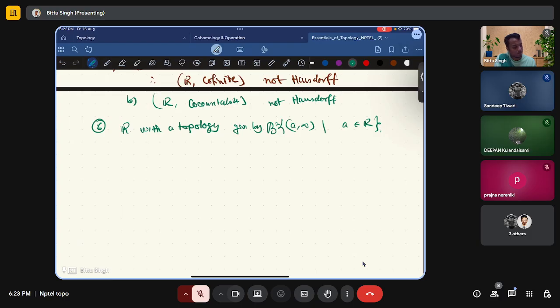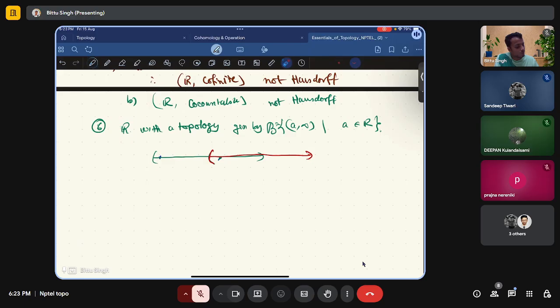If we consider this basis, then again we can prove this cannot be Hausdorff, because for any two points, what are the open sets which contain A? It will look like something, and the right hand side goes to infinity. Similarly, an open set containing B will look like something and extend to infinity, right?